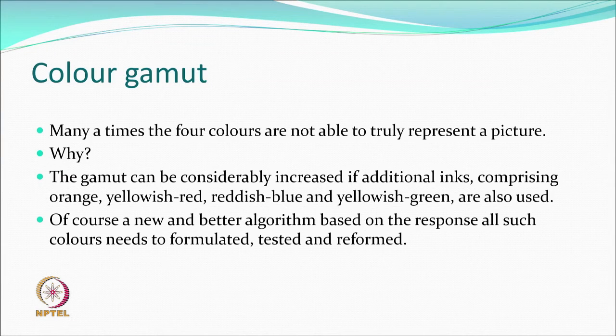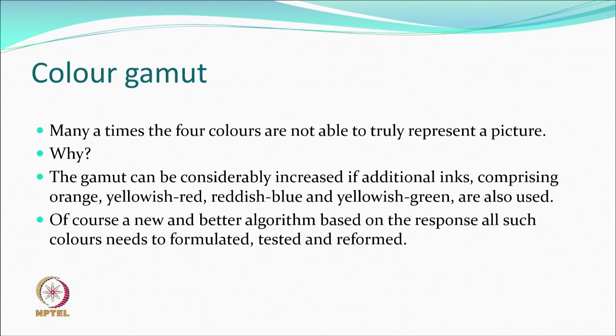Okay. So, now people, for true reproduction of color, and again the true is a question mark, you will keep going towards that point, limiting to that true value. We can have more than 4 colors. Depending on the manufacturer, you say, well, I will add a bit of an orange, and I like to use a yellowish red also, or a reddish blue, or a yellowish green, etc. Why is it done?